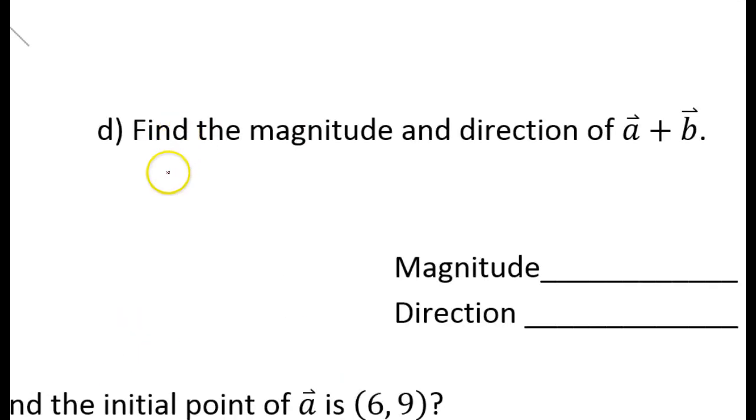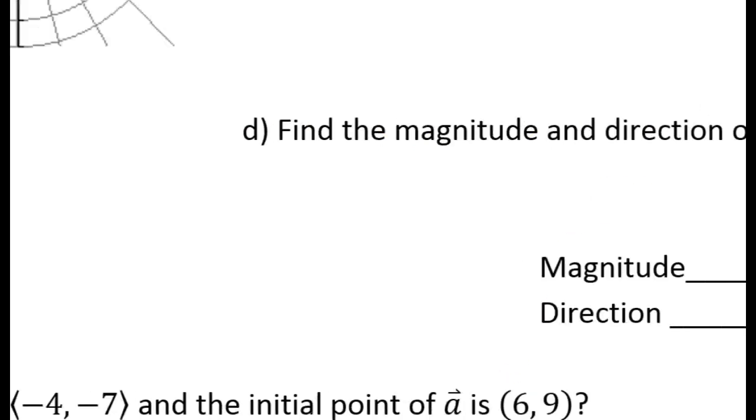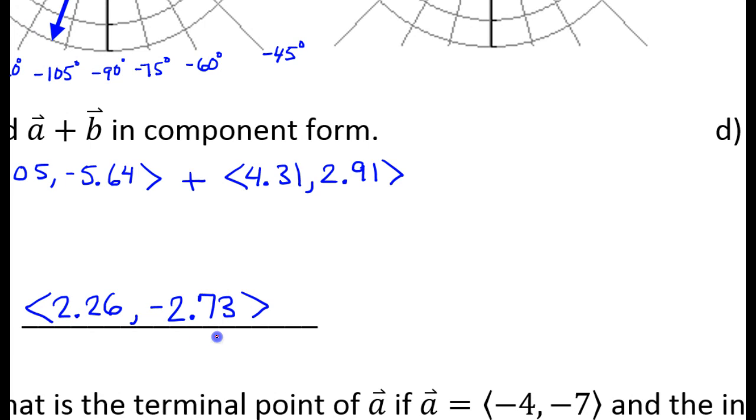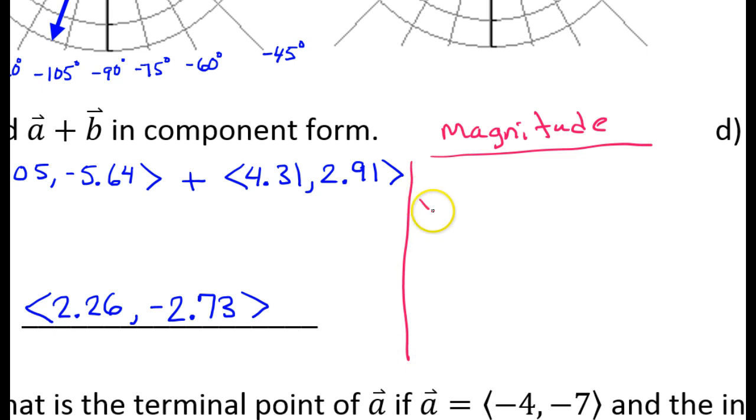For part D, we need to find the magnitude and direction of A plus B. So remember, this is vector A plus B right here. So let's start by finding the magnitude. And we will simply use the magnitude formula, which goes like this.